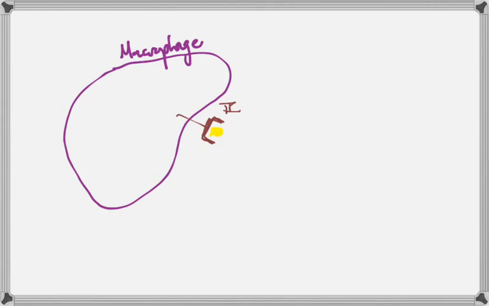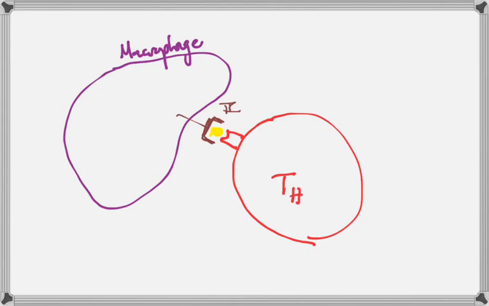just like a T cytotoxic, there are two events that must happen at the same time. One, T cell receptor must bind to the antigen. Two, co-receptor must bind to MHC2.